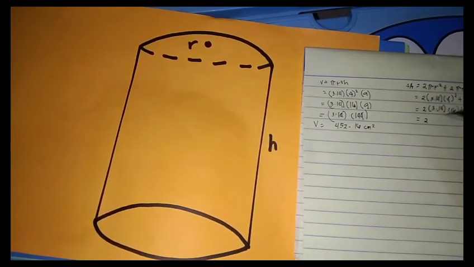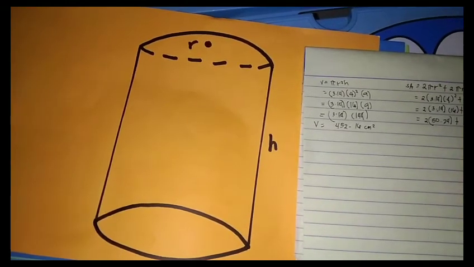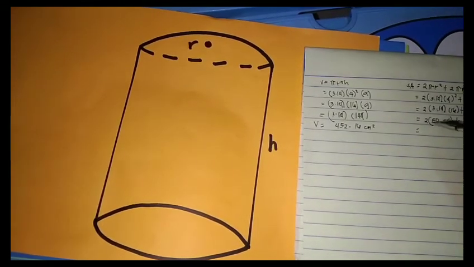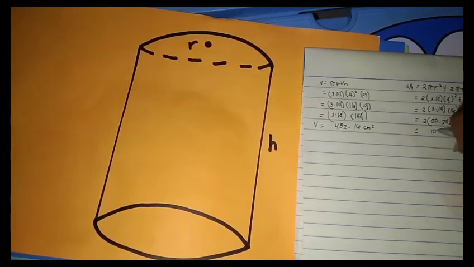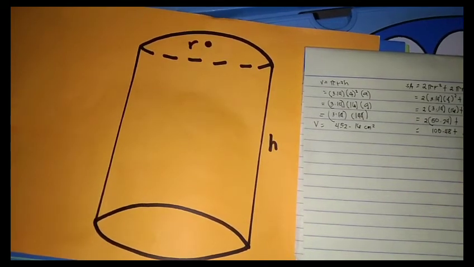And then copy the 2, multiply 3.14 to 16 to get the value of 50.24, plus copy the 2, multiply 3.14 to 36 to get the value of 113.04. Multiply 2 by 50.24 to get the value of 100.48, plus multiply the 2 and 113.04 to get the value of 226.08.